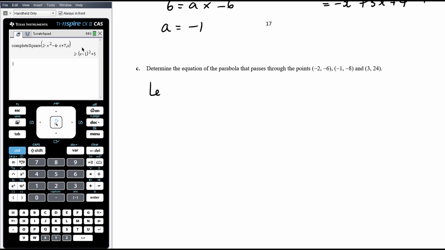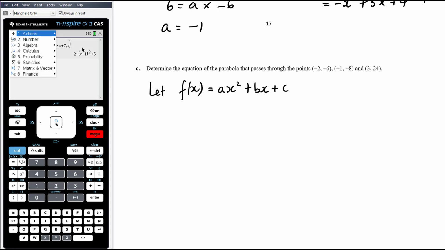Okay, so we're going to let f of x be the most general quadratic, ax squared plus bx plus c, and we're going to define that in our CAS. We need to be careful when we define it because it's not ax squared, it's a times x squared that we mean, and you need to explicitly say that in your CAS. b times x plus c. Okay. Then we want to sub in the 3 points.